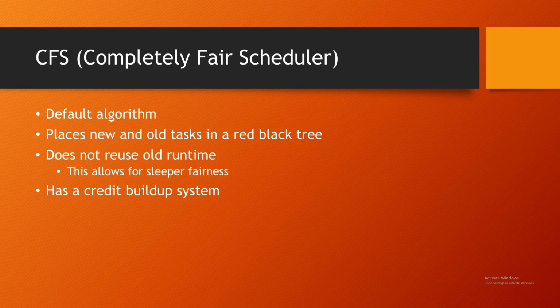It places new and old tasks into a red-black tree, and it does not reuse the old runtime, but rather assigns a new one, unlike the constant time algorithm. This allows for sleeper fairness, for each task to get a fair share of the CPU time, no matter whether it is running or not.